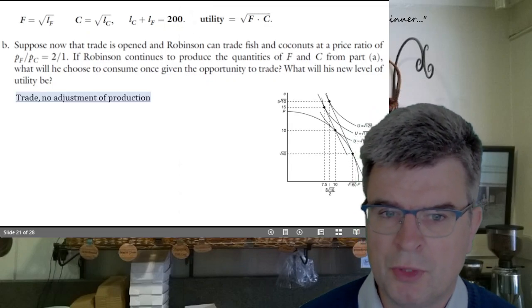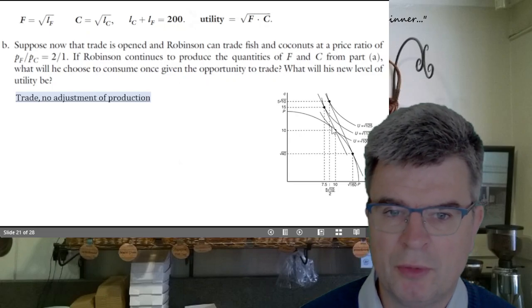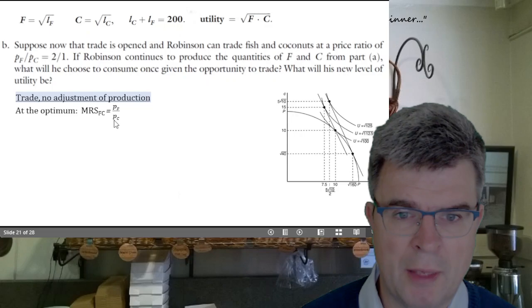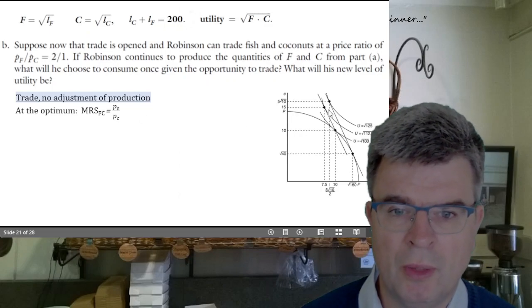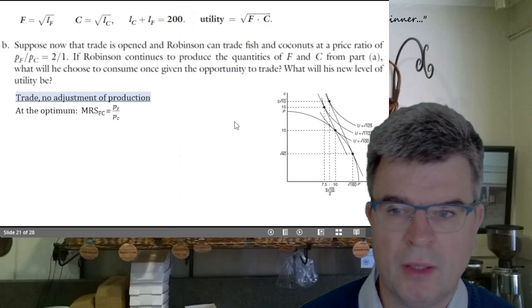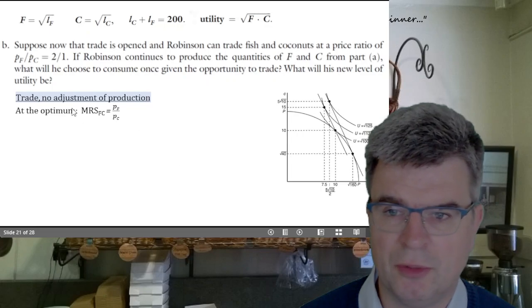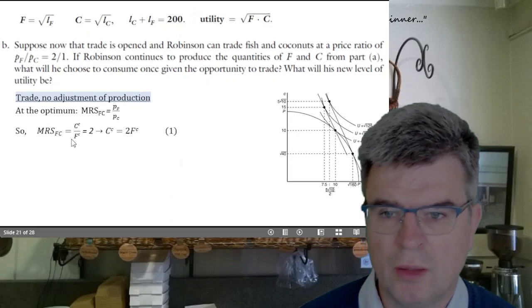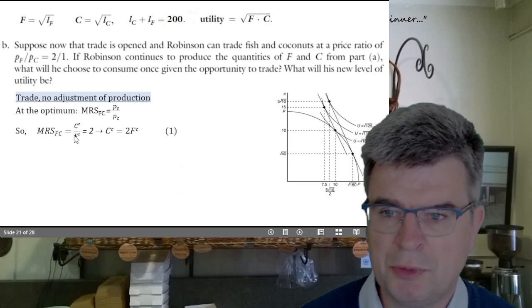Production is not adjusted, but trade is possible, and at the optimum consumption bundle, Robinson will choose the point where the marginal rate of substitution is identical to the price ratio, 2:1. To solve for his optimal consumption, we plug in the marginal rate of substitution.